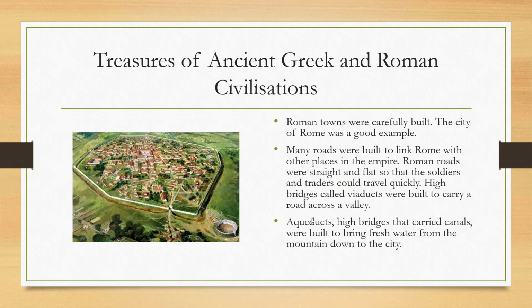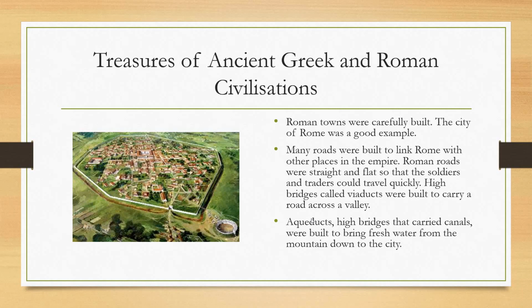Now we can take a look at town planning in ancient Roman times. The Roman towns were carefully built, and they had lots of facilities and infrastructure. The Roman Empire was a large empire.